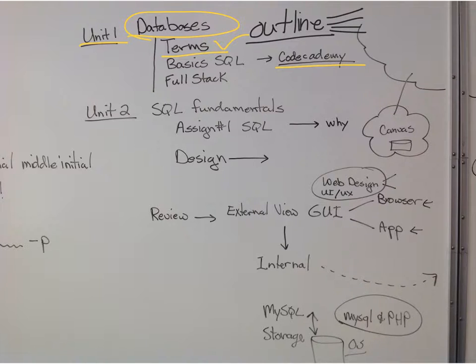We used Codecademy to get started with some basic SQL. And in that first unit we talked about all the steps from creating a web presence or an app all the way down to storing the information on some storage device.